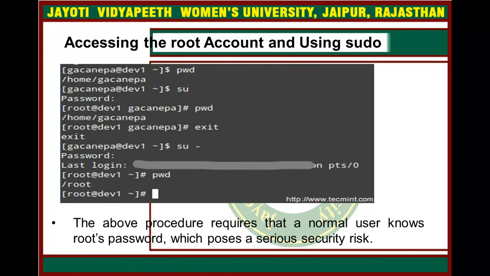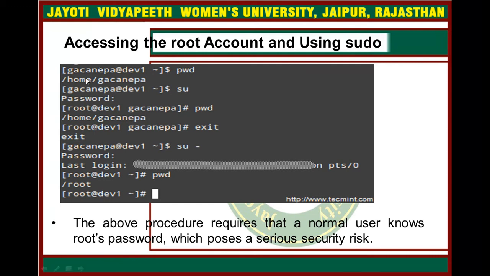Now see here in this slide. In accessing the root account and using sudo, the above procedure requires that the normal user knows root's password, which poses a serious security risk.